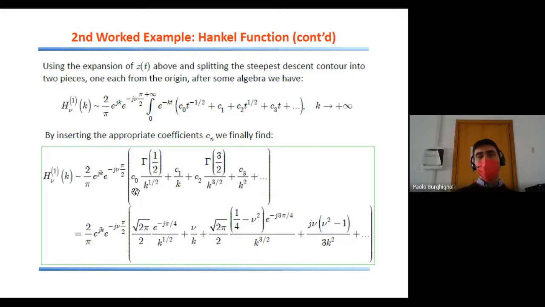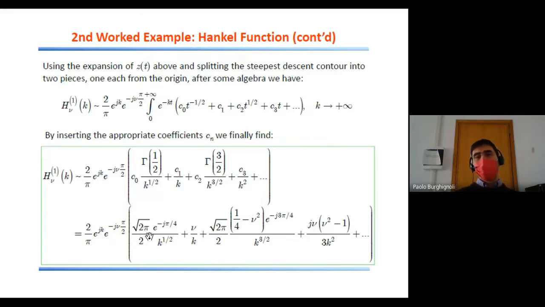So in the end, you get an asymptotic series in inverse powers of k, the dominant term of which is the one in which the power is 1/2. And that is exactly the dominant term that we evaluated with the formula that we used in the first part of this discussion. Now, inside the brackets, you also can see all the higher order terms.